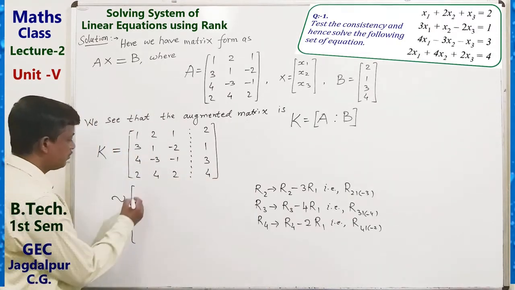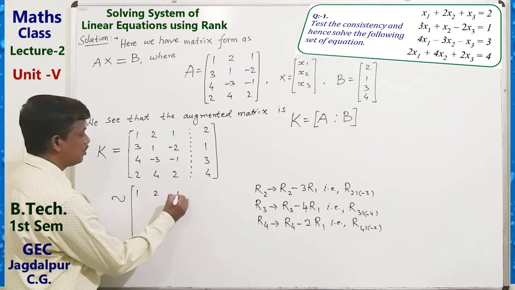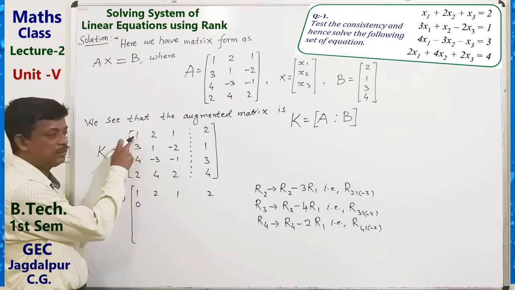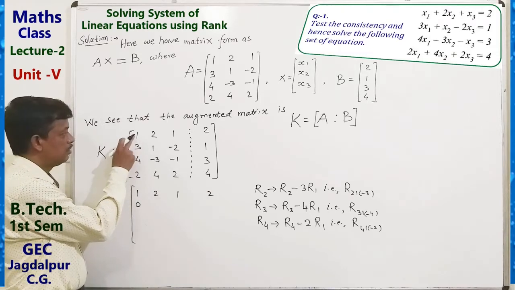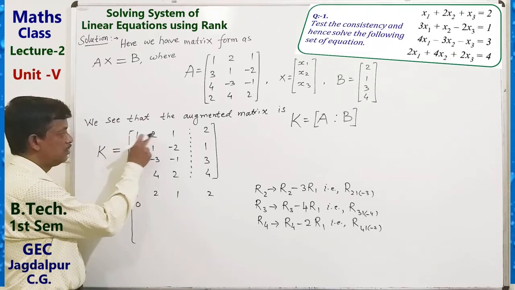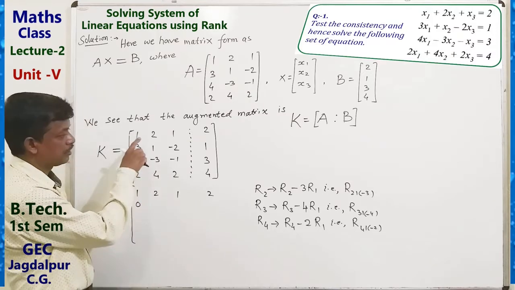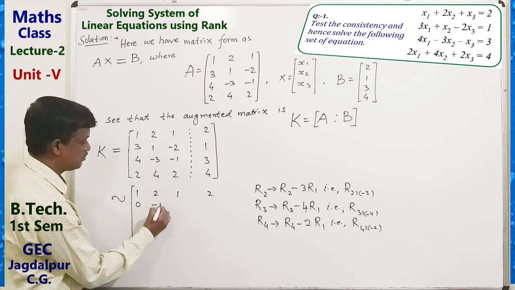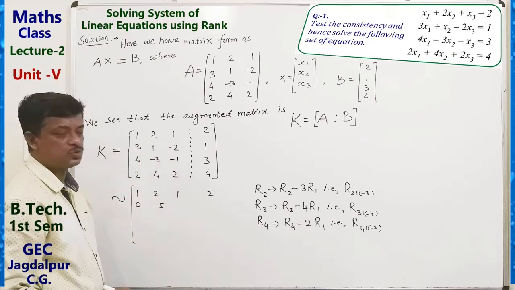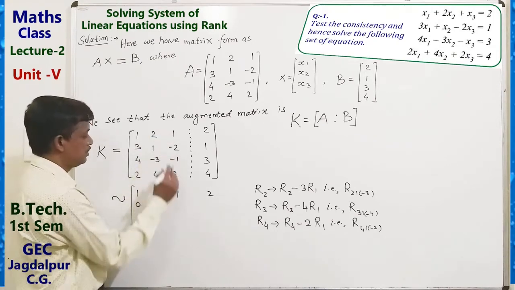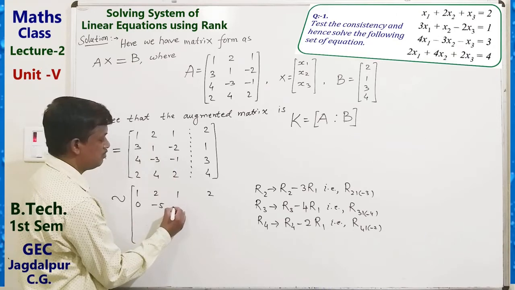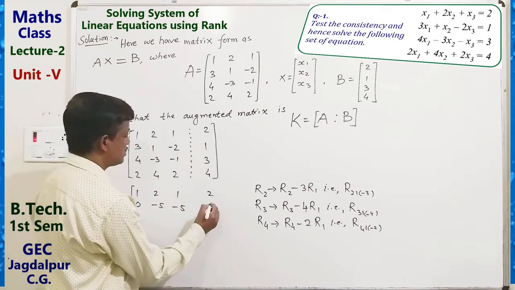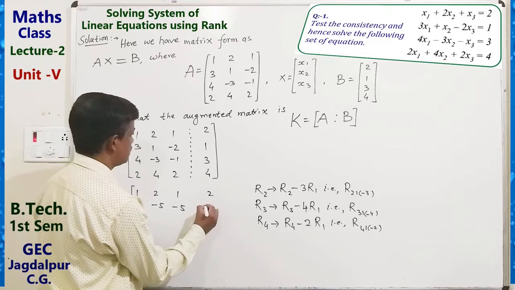Okay, so here 1 2 1 2. This is 0 by multiplying 3. Here 0, 3 means minus 6, minus 5, minus 2, minus 3, minus 5, minus 3, minus 6, minus 5.